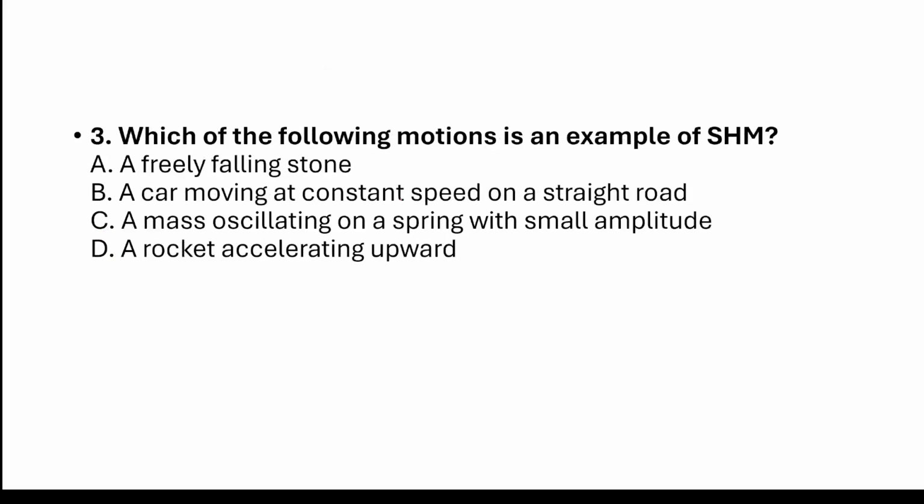Which of the following motions is an example of SHM? A freely falling stone. So if a stone is freely falling, the acceleration that's acting on it is g, which is constant. This is not a changing acceleration. We want an acceleration that is changing, that depends on displacement. So not the right answer.